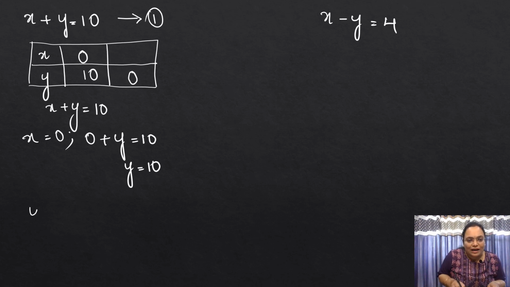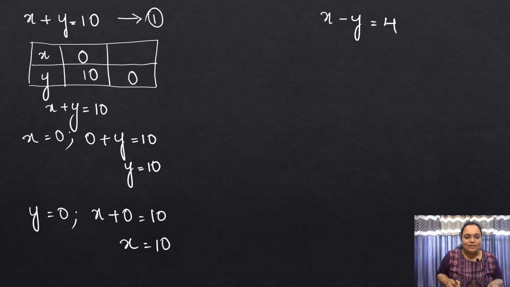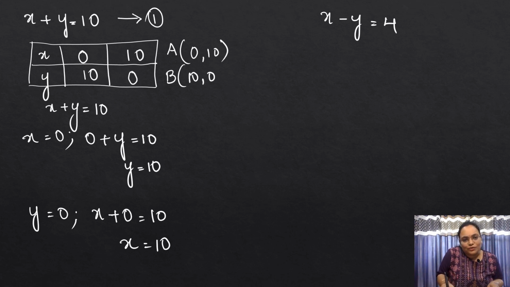If you put Y is equal to 0, you will get X plus 0 is equal to 10, so X is equal to 10. So you can take the points as A of (0, 10) and B of (10, 0).